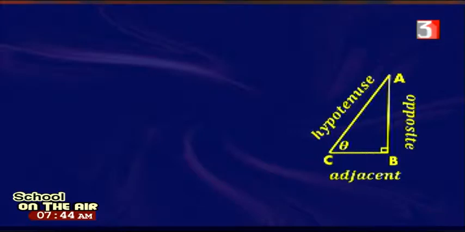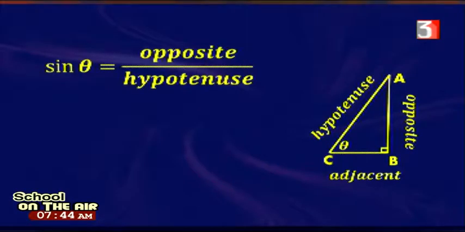To find the sine of the angle theta, it is opposite over hypotenuse. This is the rule of sine theta. It is the side opposite to it over the hypotenuse of the triangle. It means to find the ratio of sine theta, you are going to find its opposite side divided by the hypotenuse of the triangle. This ratio will be called sine theta.